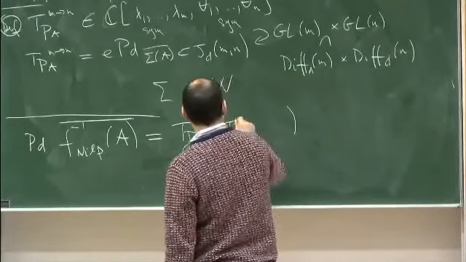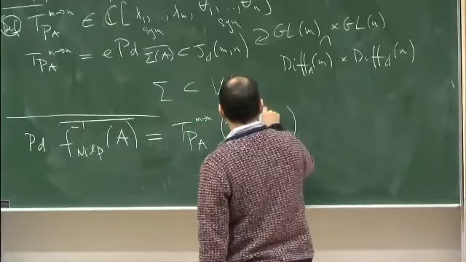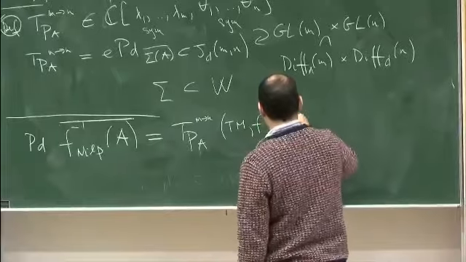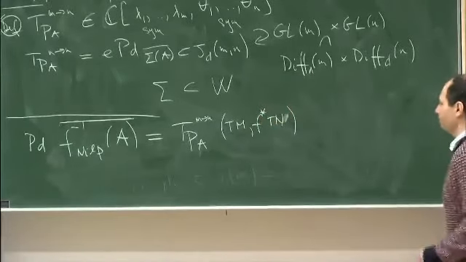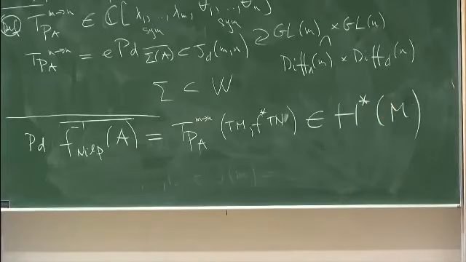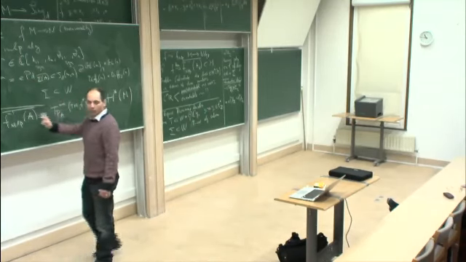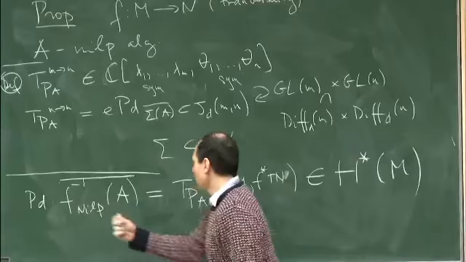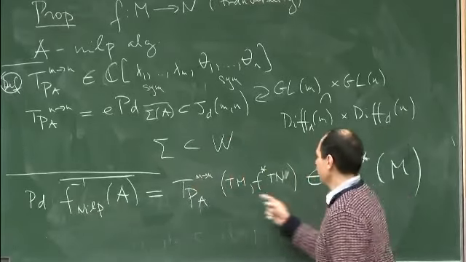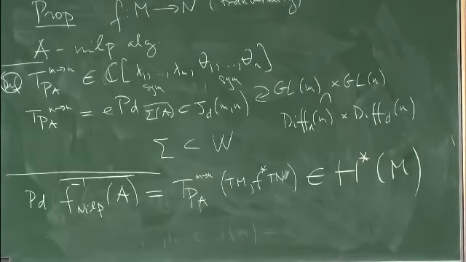The M bundle is simply T of M, the tangent space of M, and the N bundle is just the pullback by the map f of the tangent bundle of N. Okay, so this is not that complicated, but I hope I did it sufficiently slowly that after a while it can be deciphered. So in that sense, this Thom polynomial, which I defined this way, is a universal class representing the cycle. So again, if this thing that we compute now is not zero, this means that this object is not empty, and that's our goal.